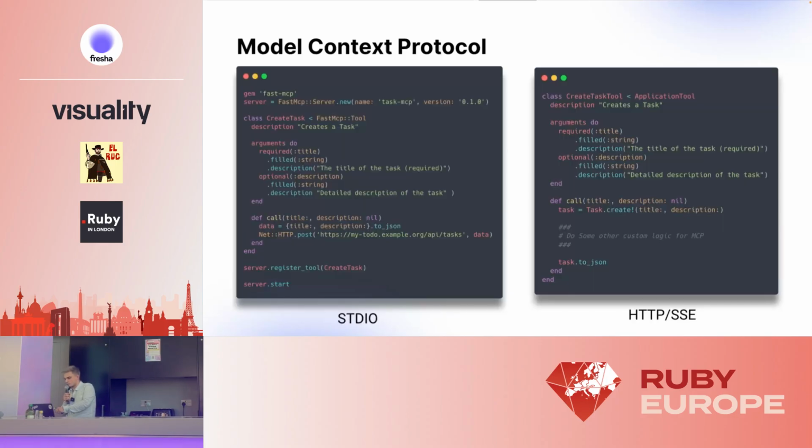But why would you choose stdio or HTTP and SSE? So this is the same code, kinda. On the left, you have the code with a tool from FastMCP that creates a task for a to-do app. And you have two arguments. One is a title, the other is a description.